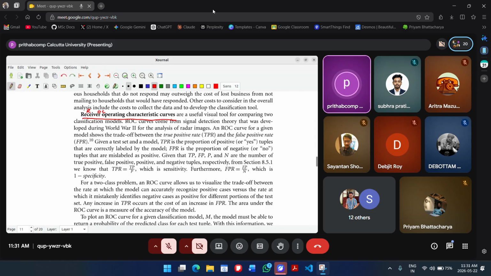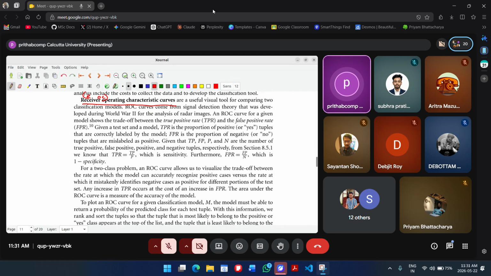This particular terminology came up from the field of radar image analysis. Basically what it does is it shows the trade-off between the true positive rate and the false positive rate.